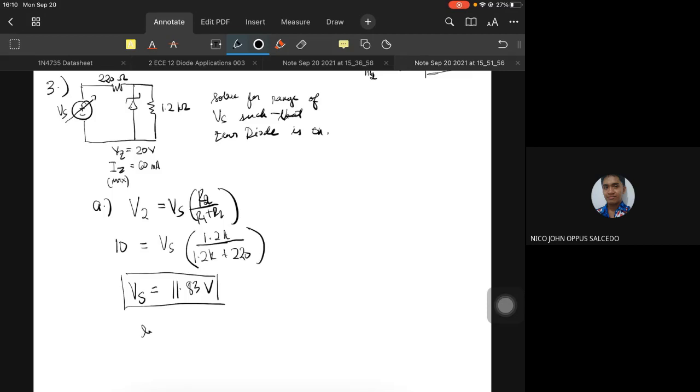Example lang. Example, Vs is only 11 volts. That would make V2, if we solve it, 9.27, which is less than the 10 volts.